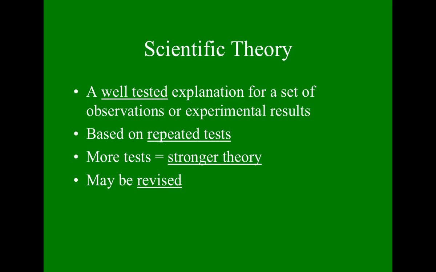Theories, though, can be revised. So as you can see by this definition, because of the repeated testing and the evidence, theory in science is very, very strong. You also have to keep in mind that it is an explanation. So it's explaining why something happens.